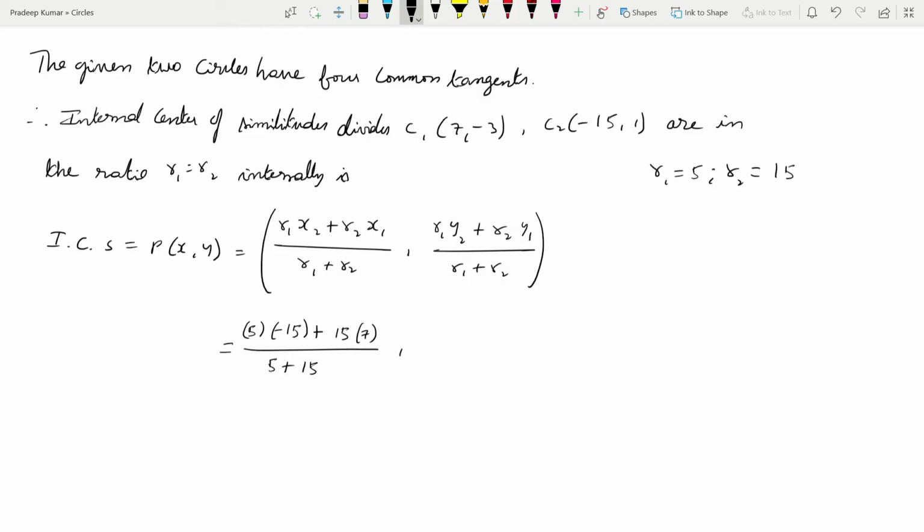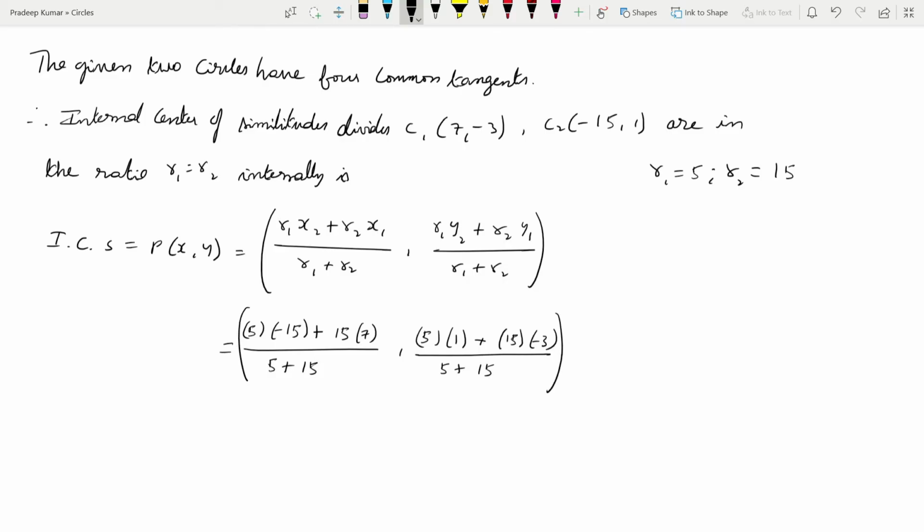And for the y part, R1 is 5 and y2 is 1, and R2 is 15 and y1 is minus 3, whole by 5 plus 15.